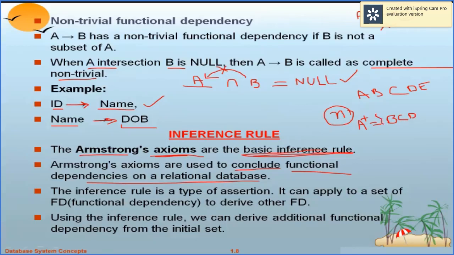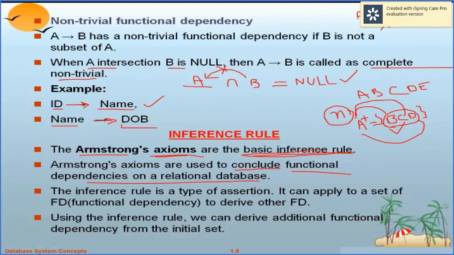So this group will be written in curly brackets. If I write something like this, it means that A is an attribute that has a relation with B, and A also has a relation with C, and A also has a relation with D, and it also has a relation with any of these combinations.